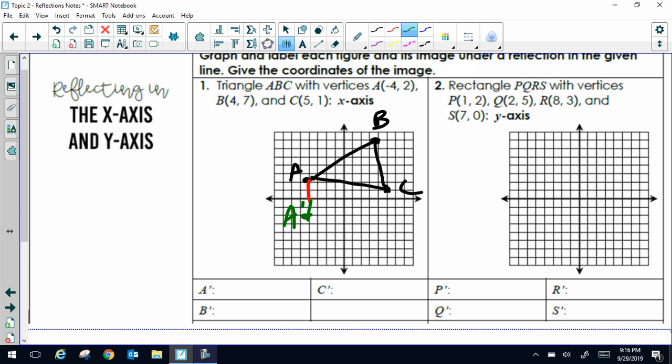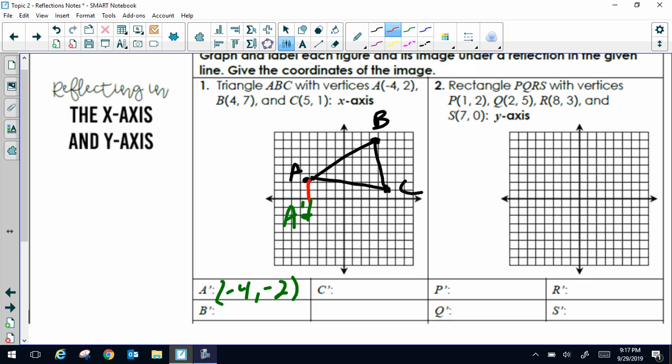A prime is at -4, -2. If you go back to your rule, it says change the value of your y. That's exactly what I did. B is 7 away, so I need to go 7 away. Here is my B prime.